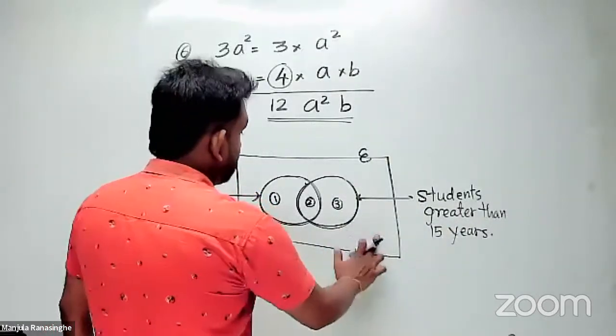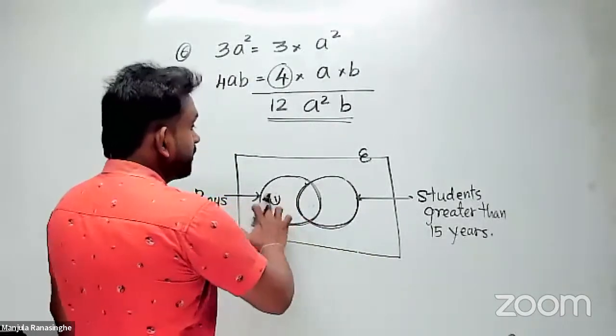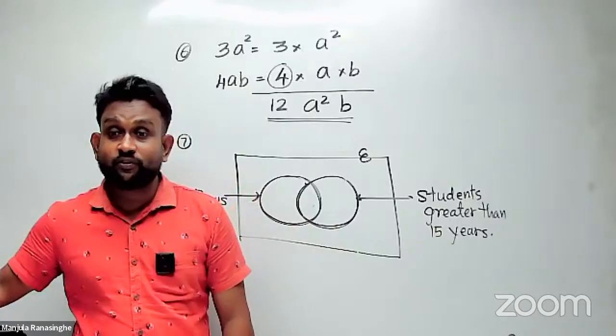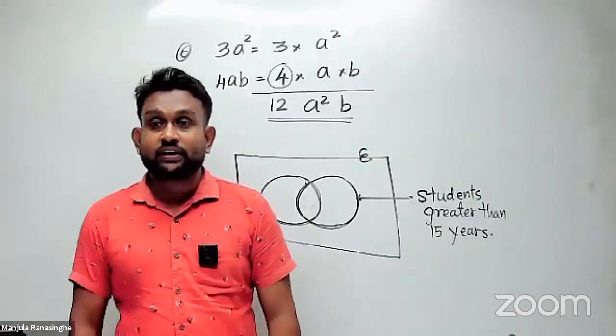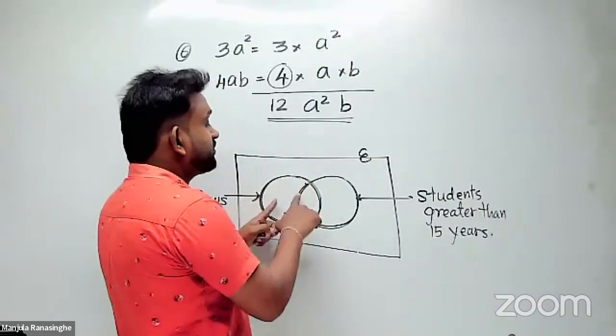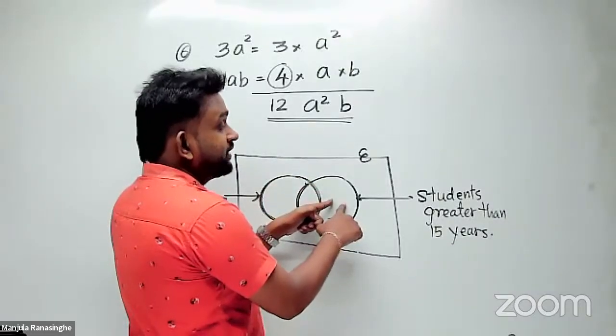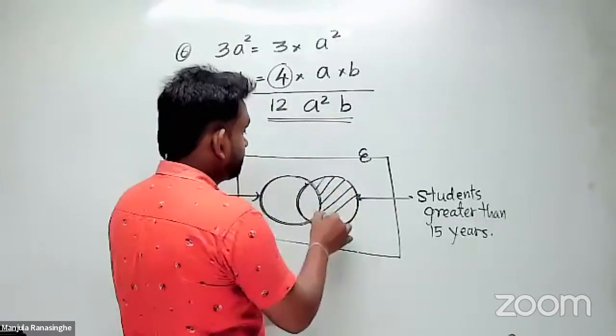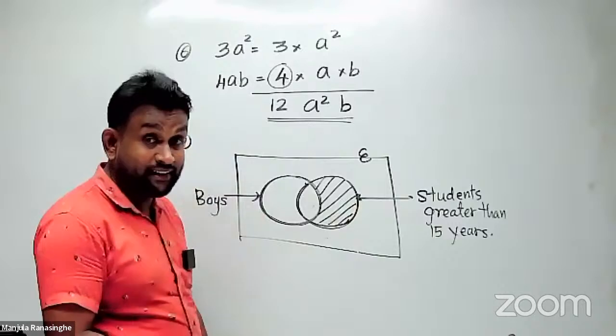So what they are mentioning is the girls who are greater than 15 years. Now you know the girls who are greater than 15 years shall not intersect with the boys set, but with the greater than 15 years set. So this is the set, a set indication.